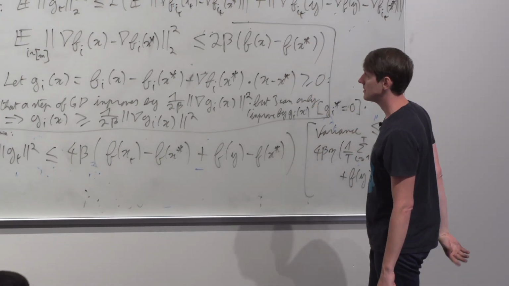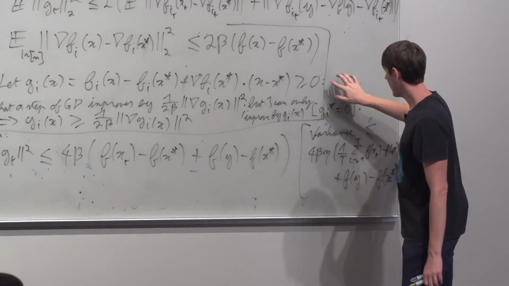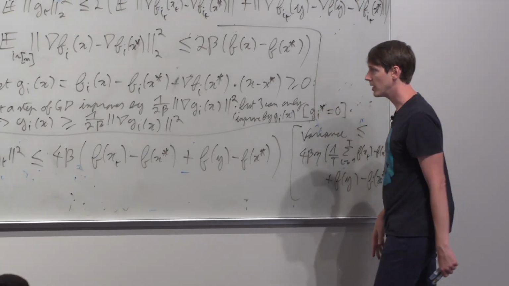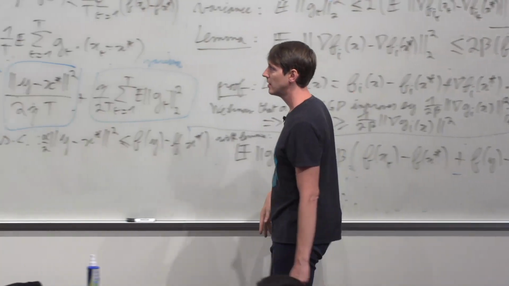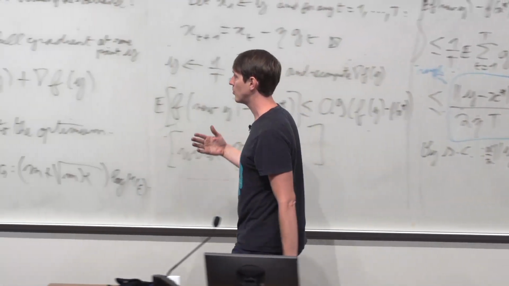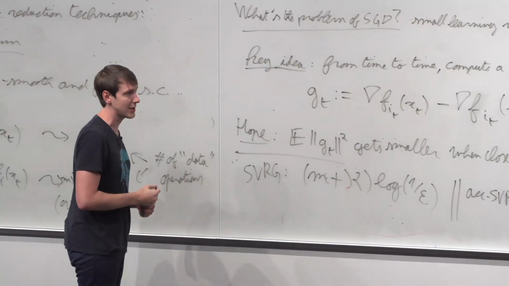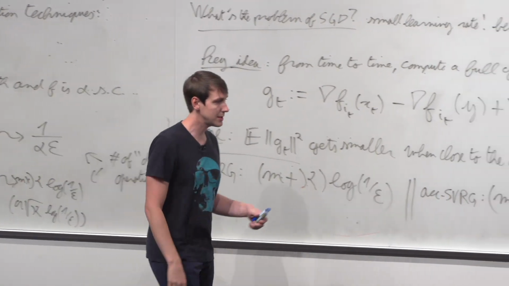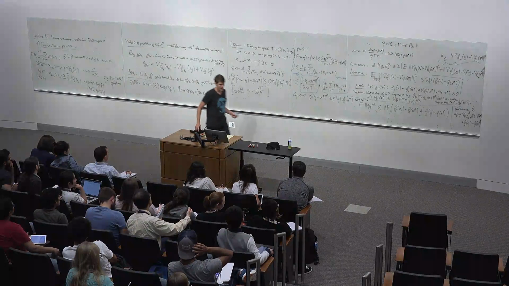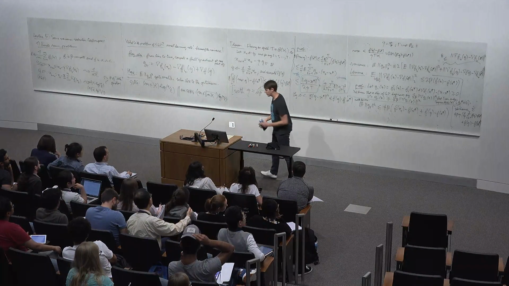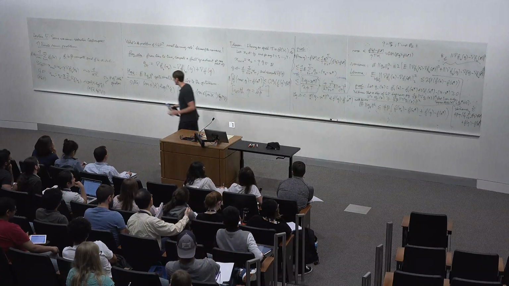So this was just a little piece of a growing literature on variance reduction techniques, trying to leverage the fact that we can have smart stochastic gradients. Now let me give you a list of some other topics that I could have covered with many more hours.